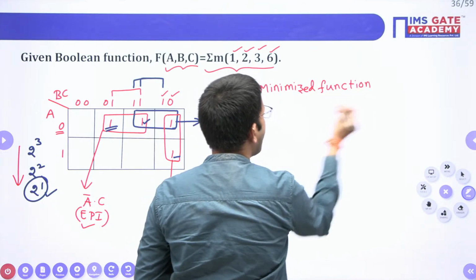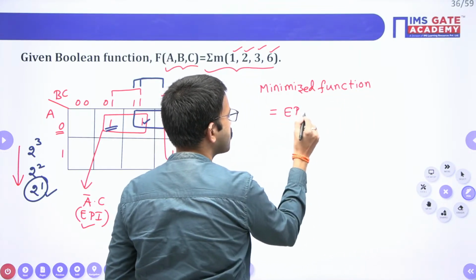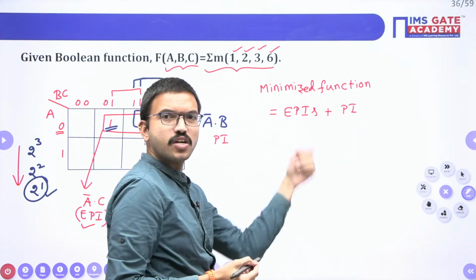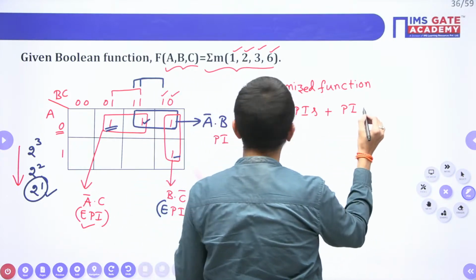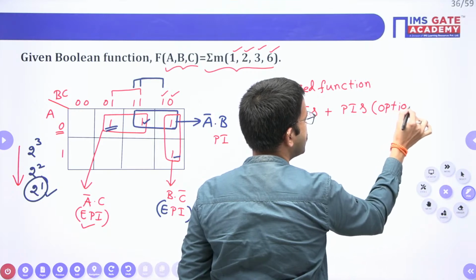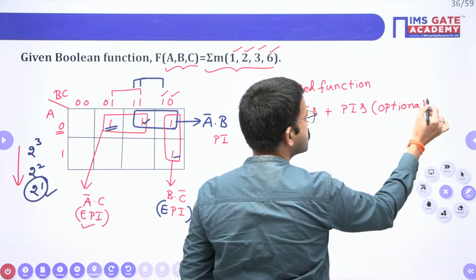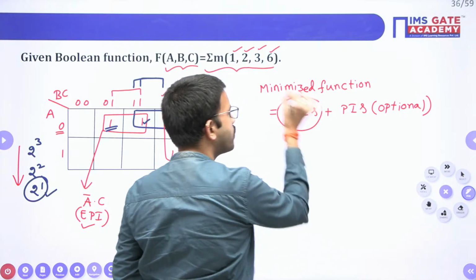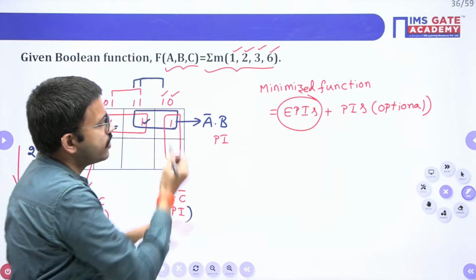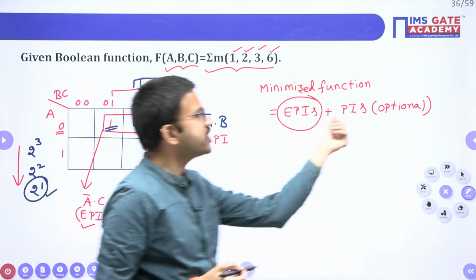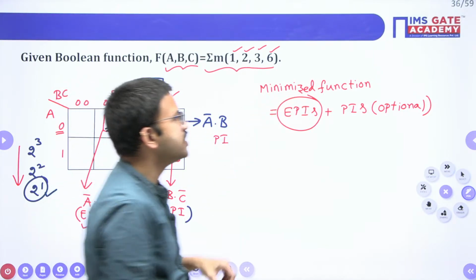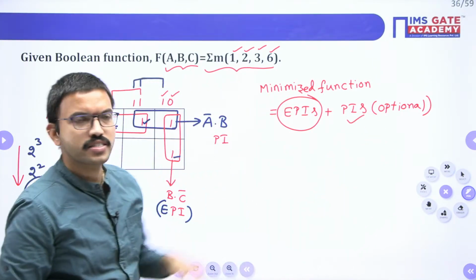Now, in the minimized function, we will write all the essential prime implicants, and then if any of the ones are not covered by these essential prime implicants, we will consider the other required prime implicants. That's why in all minimized functions, essential prime implicants are compulsory, mandatory. If all the ones are covered by the essential prime implicants, then we won't consider any other prime implicant. If any of the ones are not covered, then we will consider required prime implicants.